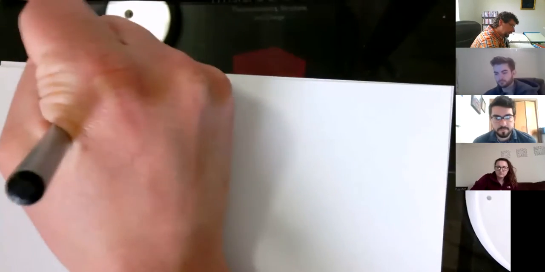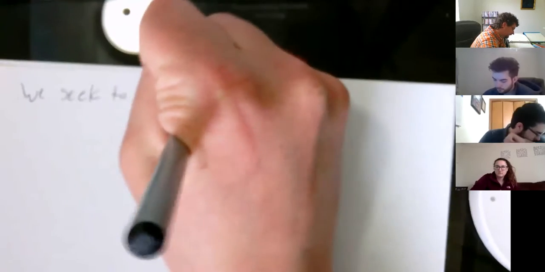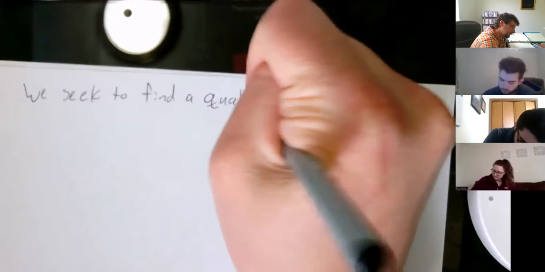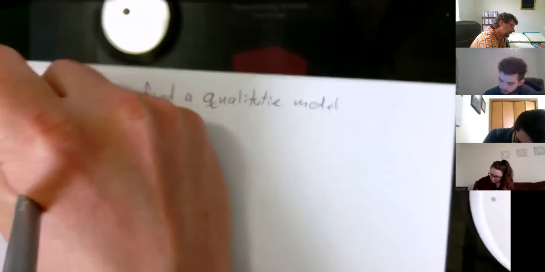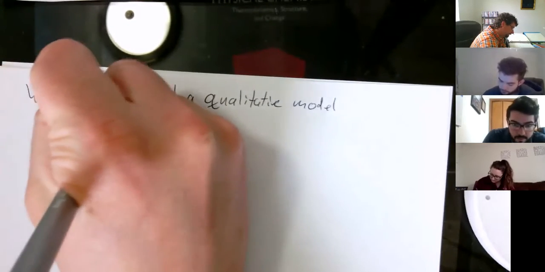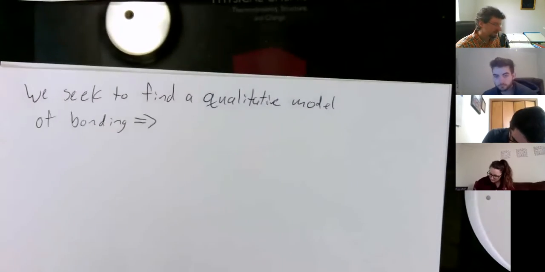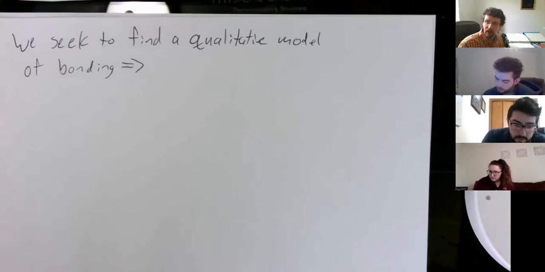So we seek to find a qualitative model of bonding. And the easiest system we're going to start with is a diatomic molecule.